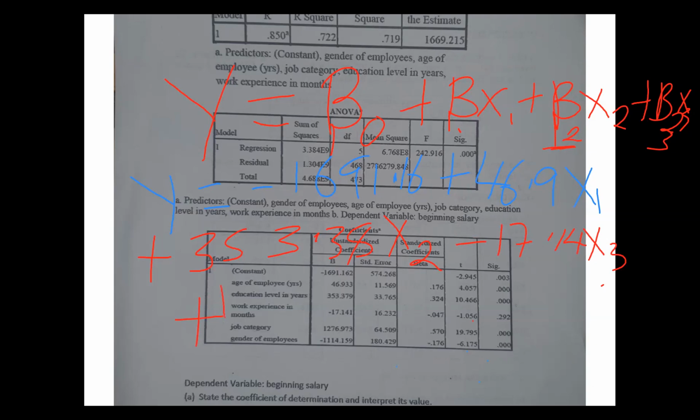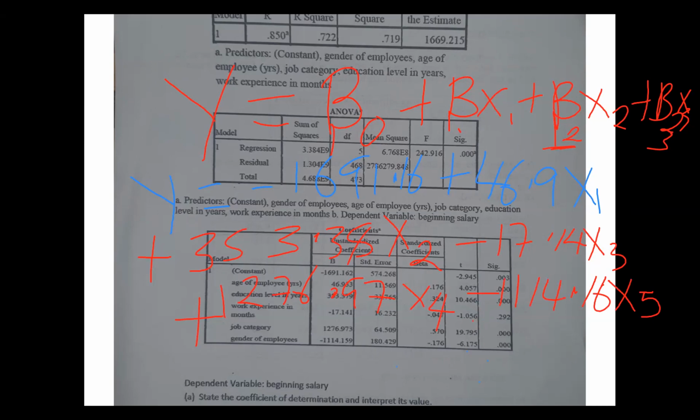The coefficient is 12.7697, so 0.97 x4. Plus the last one, which is negative, the coefficient for gender. So minus 1114.16 x5.